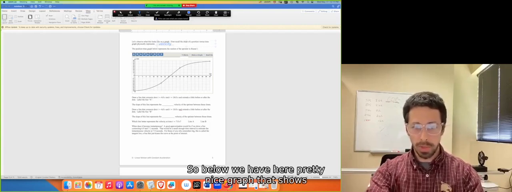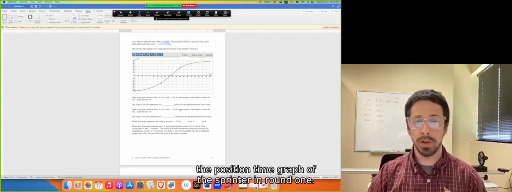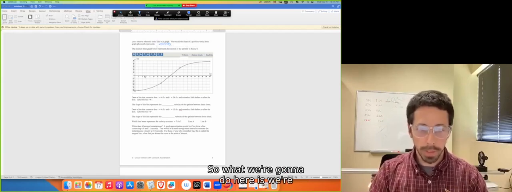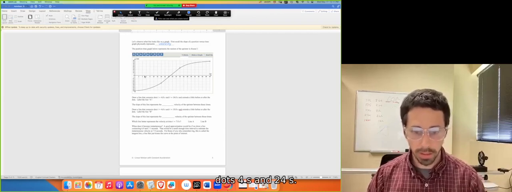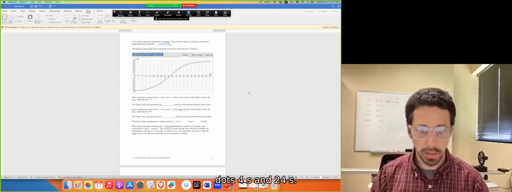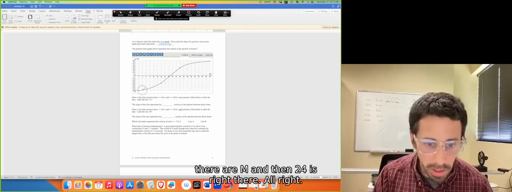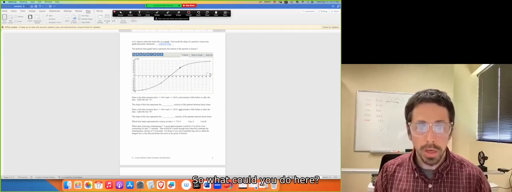And so below we have a pretty nice graph that shows the position time graph of the sprinter in round 1. What we're going to do here is draw a line that connects the dots at 4 seconds and 24 seconds. So here's my 4 seconds, there I am, and then 24 is right there. What could you do here?